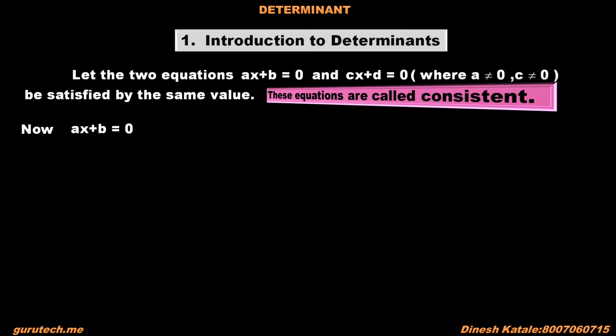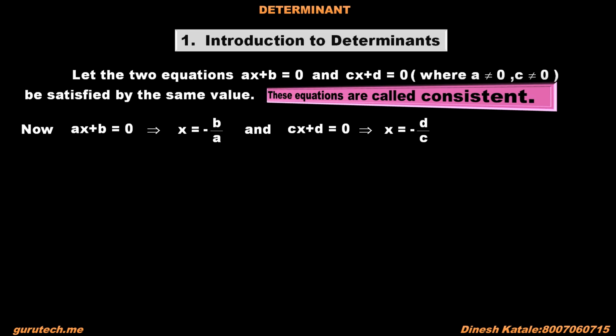Now the equation ax plus b is equal to 0 implies x is equal to minus b upon a, and the equation cx plus d is equal to 0 implies x is equal to minus d upon c.